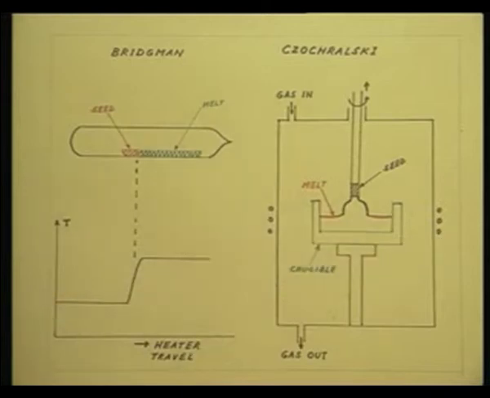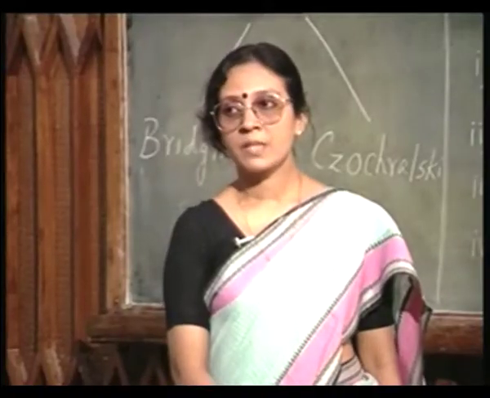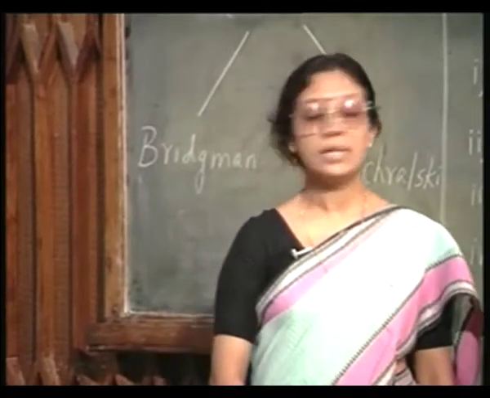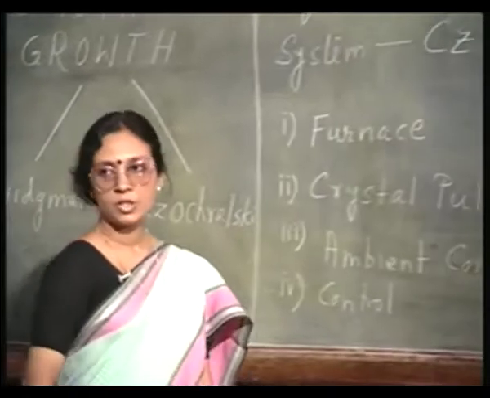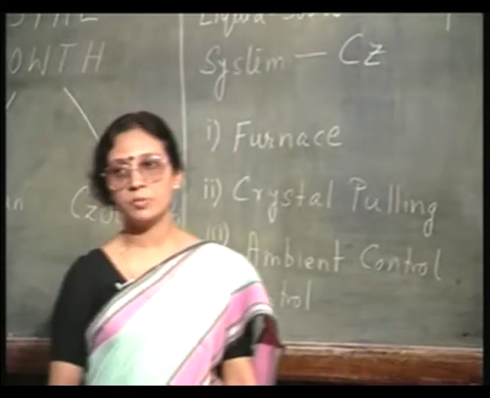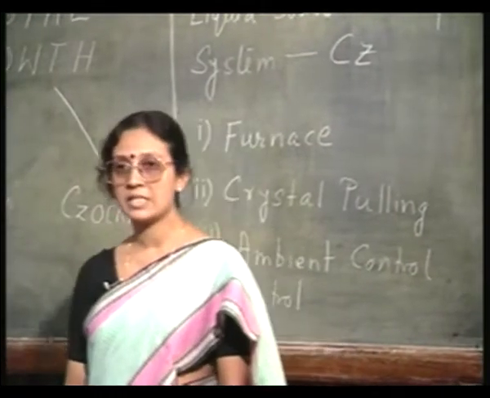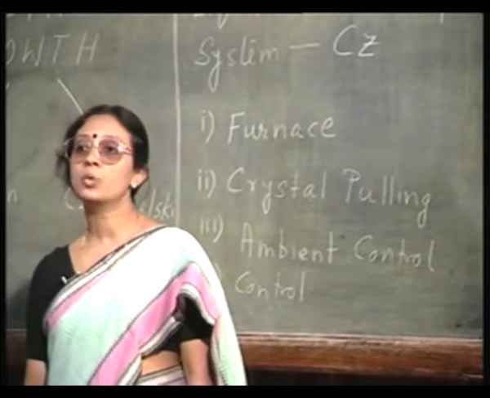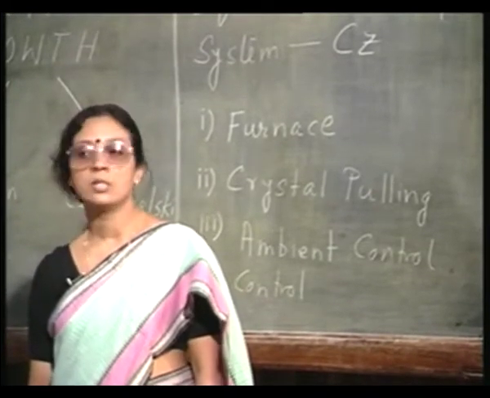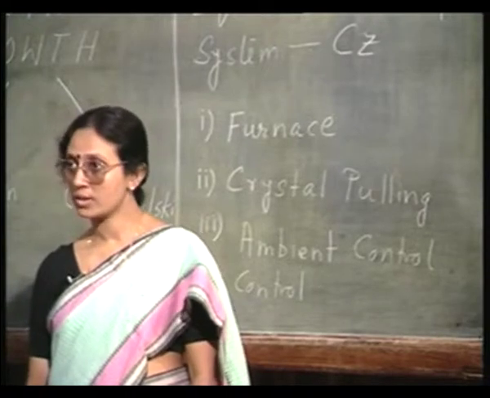This signifies the RF heating. Sometimes for large charges resistance heating is also employed, but mostly it is RF heating. So, these are the things inside the furnace. You have a quartz crucible, a graphite susceptor, a heater and the cooling for the outer quartz chamber, quartz envelope.